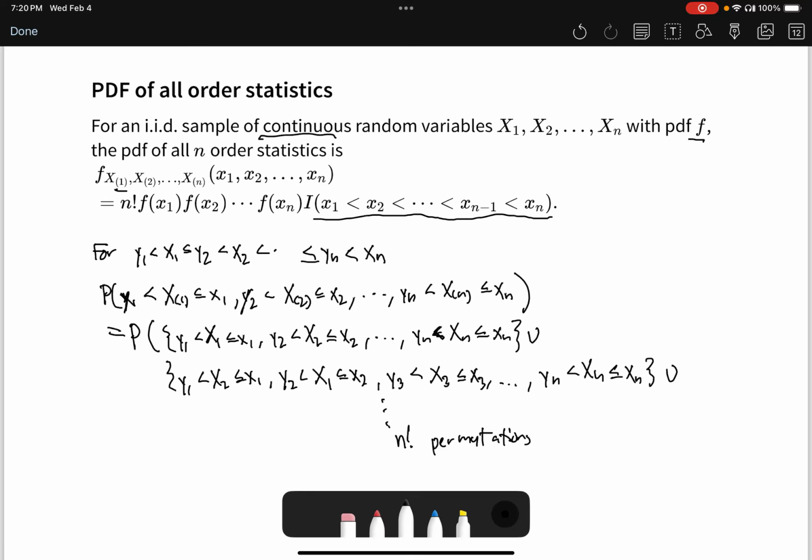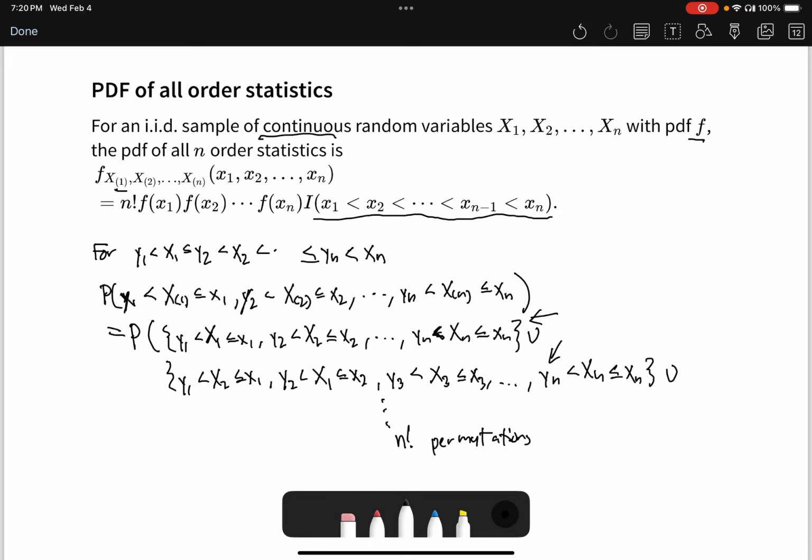And because this event right here is disjoint from that event, and so on, none of them occur at the same time, what that means is that the probability of each one of these disjoint events is going to be the same.